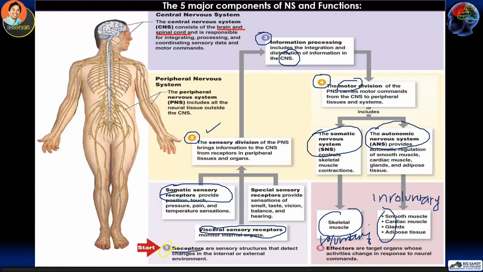So therefore, this is part of the autonomic nervous system, or the ANS. This is the fifth component, which is the effector. So start from the receptor, sensory neurons, the interneuron in the CNS, and then motor neuron, and the effector. So this is how the nervous system works.